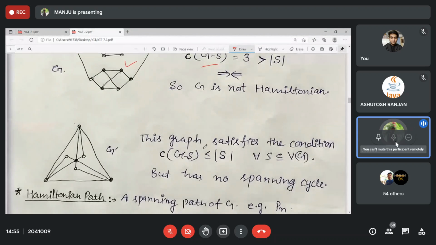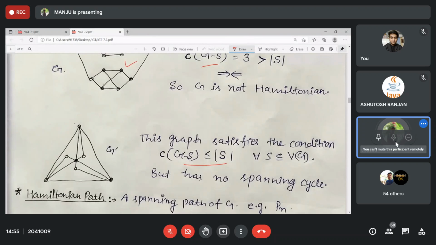Yeah, this was about the contrapositive, and that was about the converse. You have G is Hamiltonian, then this condition is satisfied. Now, if some graph satisfies this condition, can you say G is Hamiltonian? The answer is no, otherwise this would have been if and only if, right? But this is not if and only if, this is only the necessary condition. That is, for Hamiltonian, the necessary condition is this one. This is not the sufficient one.